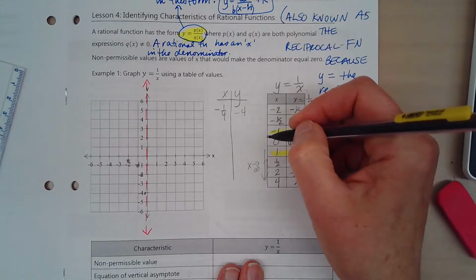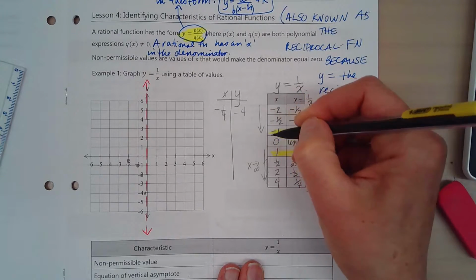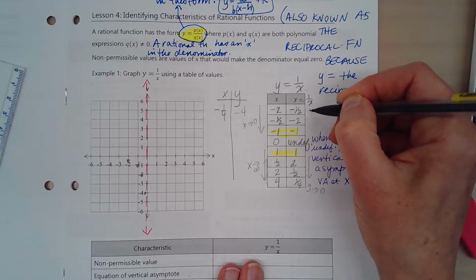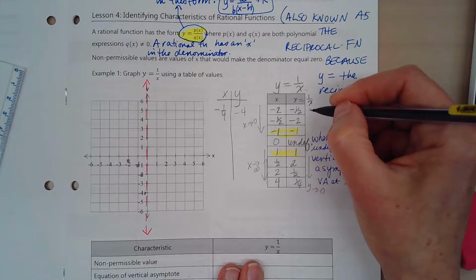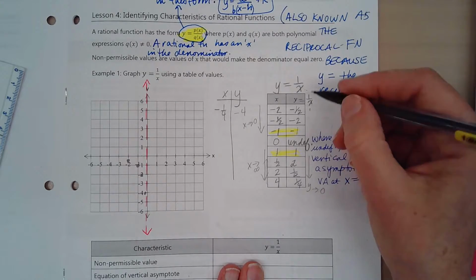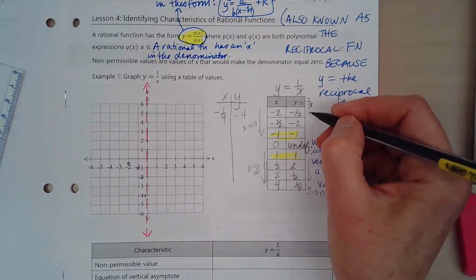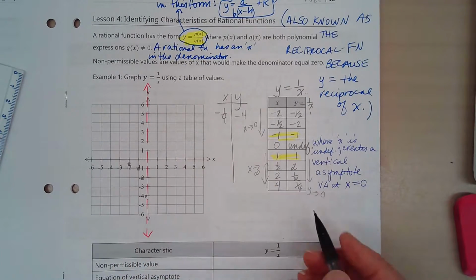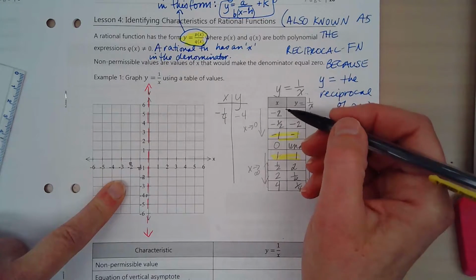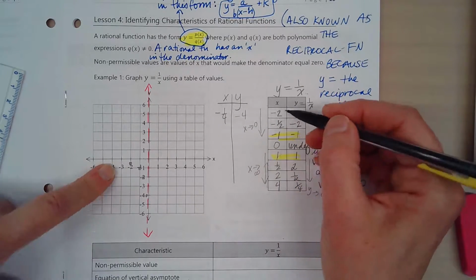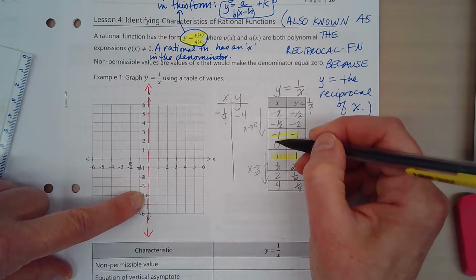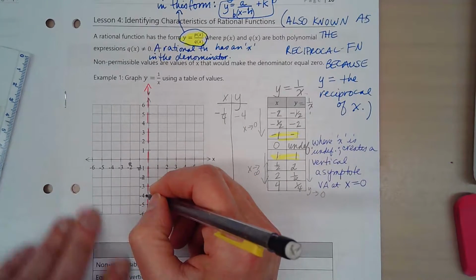How about this? As x approaches 0, what's happening with y? Let's do the negatives again. As x is going from -2 to -1/2 to -1, it looks like x is approaching 0, right?